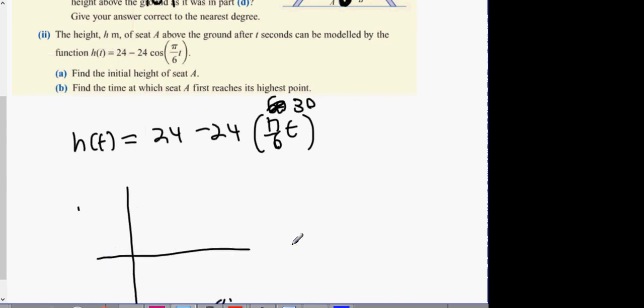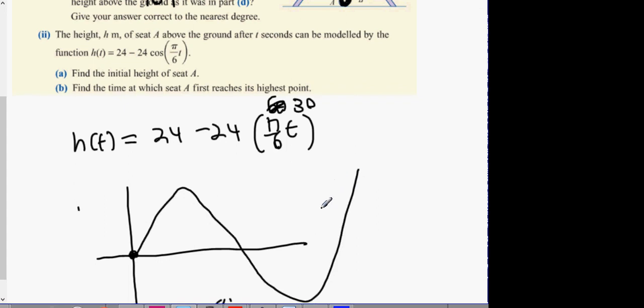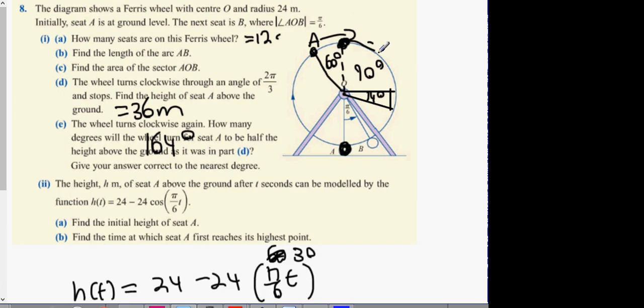What's happening is it starts off at its lowest point, it starts going upwards, and then it hits the top and comes back down again, and then it comes back up again. That's what's happening in the Ferris wheel. You reach the top when you're up here, and then you come back down again slowly. Okay, that's your height above the ground. Now what you guys have got to remember is it has to turn how many degrees to make it up there? 180 degrees. And this here is 30t.